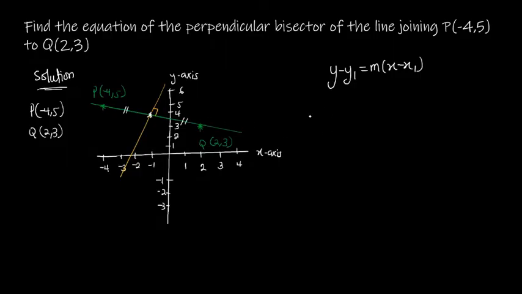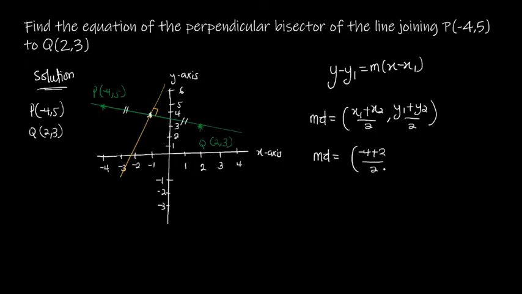To find that, we use the midpoint formula, which is equal to (x1 plus x2 on 2, comma y1 plus y2 on 2). So our midpoint is equal to, our x1 is negative 4 plus our x2 is positive 2 on 2, then our y1 is 5 plus our y2, which is 3 over here, on 2.